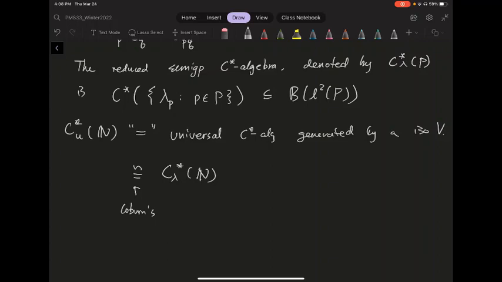Well, it shouldn't be too surprising. The reason is that from last week we saw that amenability, whether the full and reduced C-star algebras are the same, is really related to whether the group is amenable or not. And the set of natural numbers is probably the easiest semigroup you can think about. It's abelian, generated by a single element, and embedded inside the set of integers.